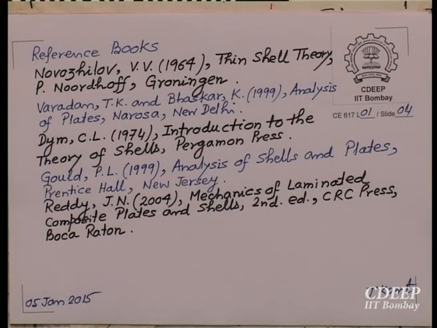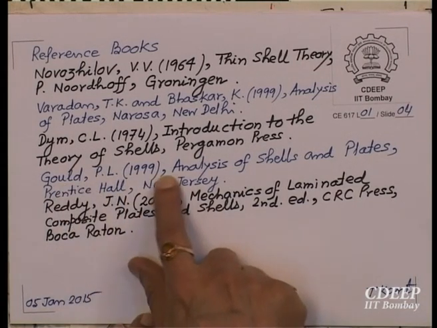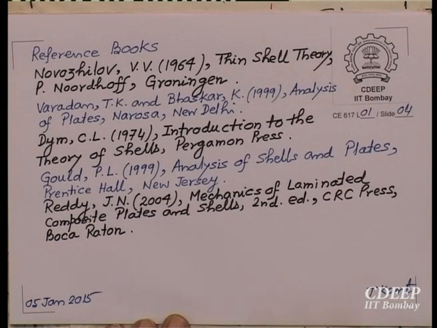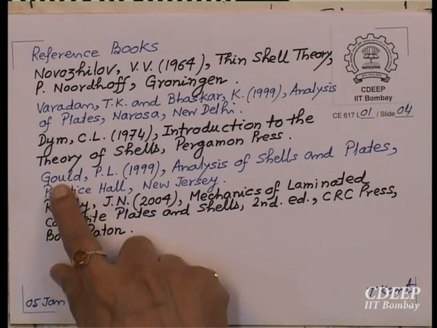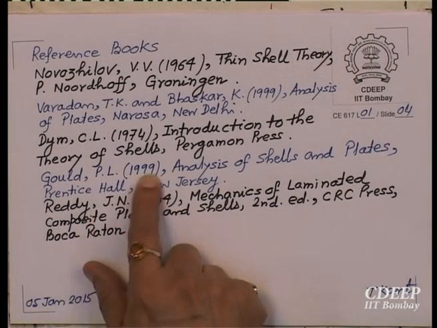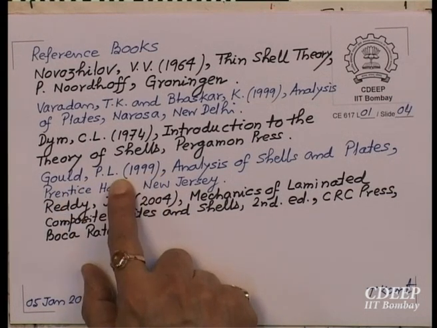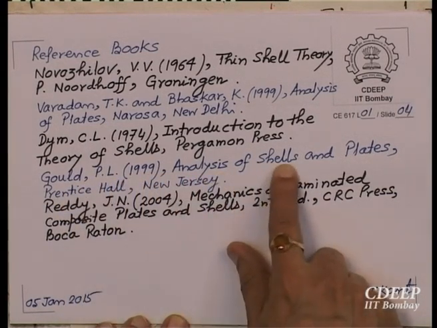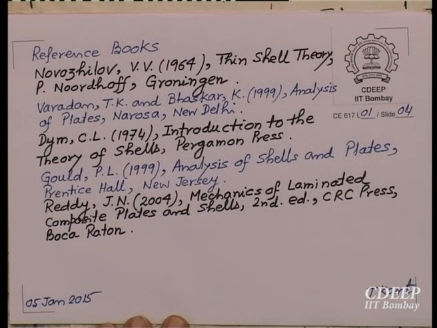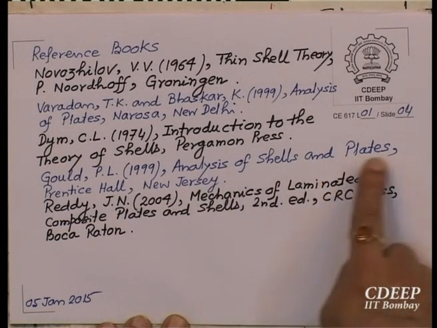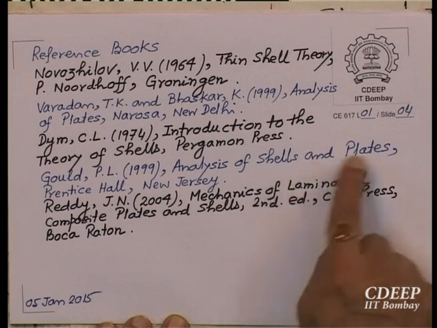Then the next book I will say is P.L. Gould. Of course, there are many other books. Gould, Washington University in St. Louis. He is still there and he worked in this area of shells, and for the first time I find that plate is after shells.